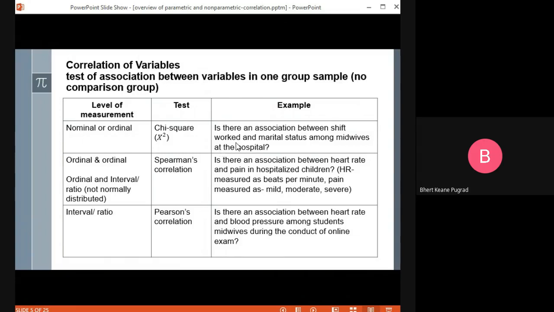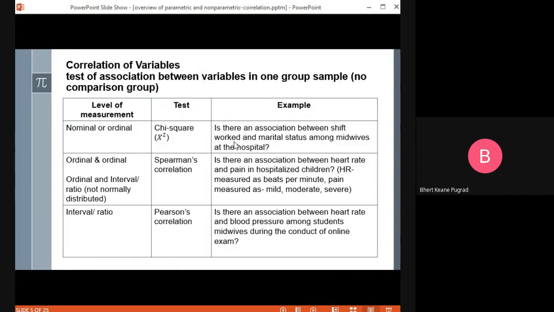Okay, for example, we want to test the association between the shift work, or the shifting, of a midwife and their marital status in a certain hospital. So the variables here are the shift and the marital status. The shift could be classified as morning, afternoon, or PM or night shift, and that is nominal data.